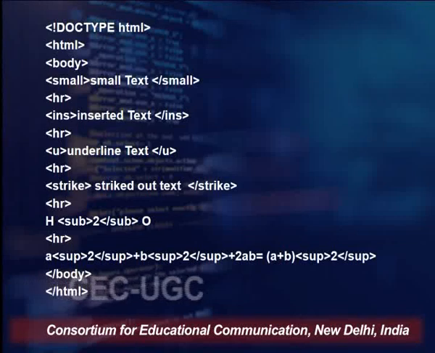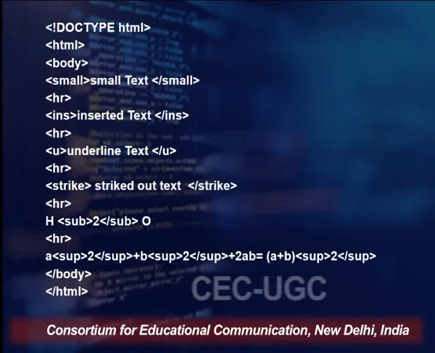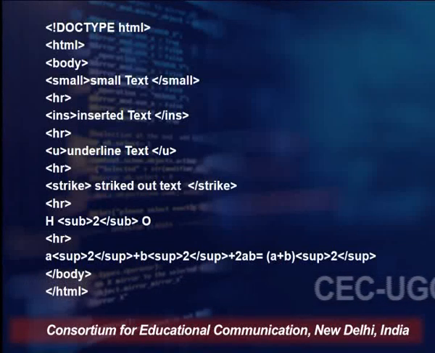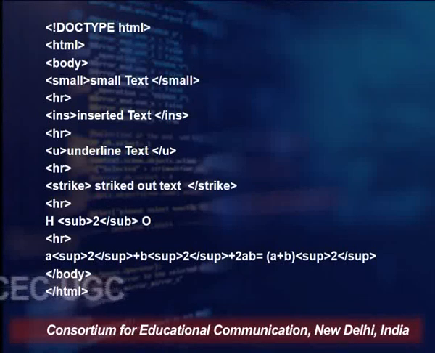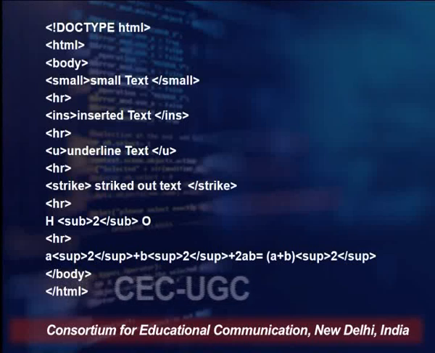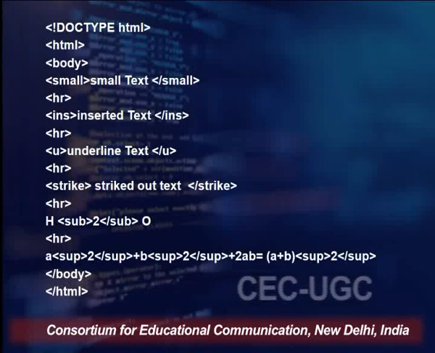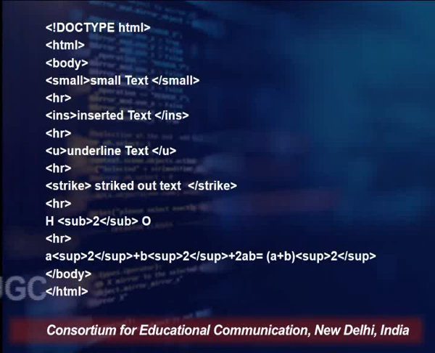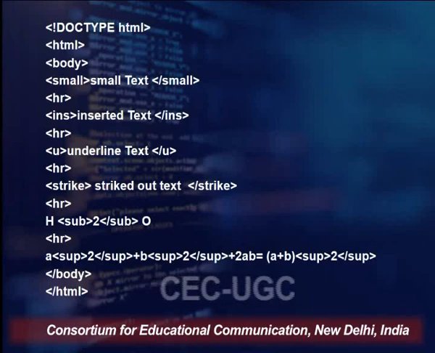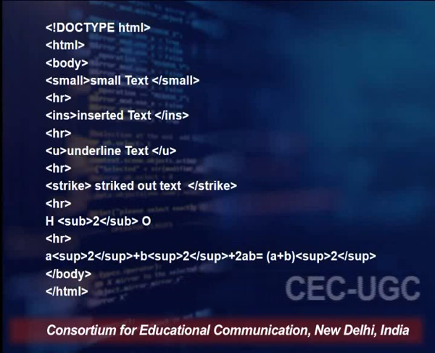Coming to the next thing, which is superscript. I have written a formula: a square plus b square plus 2ab is equal to a plus b whole square. Now, how are we going to write it? That is given on the screen. Let us try to understand. a is normal text, not between any tags.